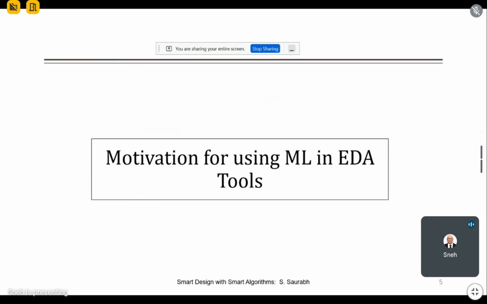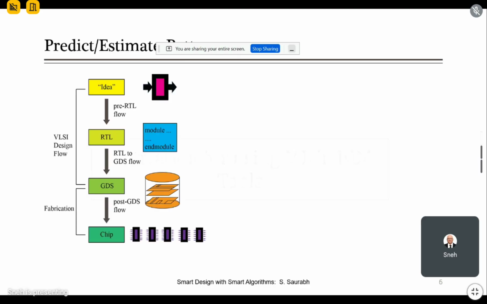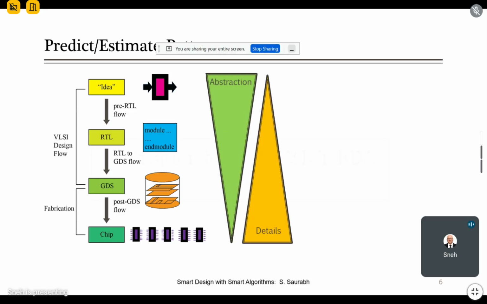Okay, now why do we use machine learning in this flow, right? What is the motivation of using machine learning in the EDA tools, right? So the first thing is that during the design process, there are various abstraction levels, right? So at the initial stage we have lots of abstraction, meaning that there are lots of design details which are missing, right?